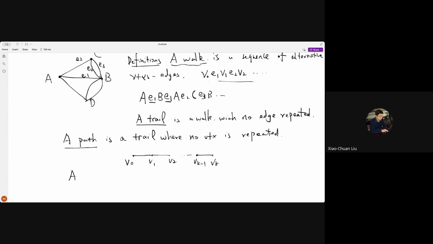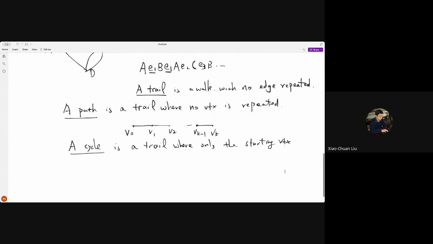And a cycle is not, by this definition, a path. So maybe let's say it's a trail where only the starting vertex and the ending vertex are repeated.